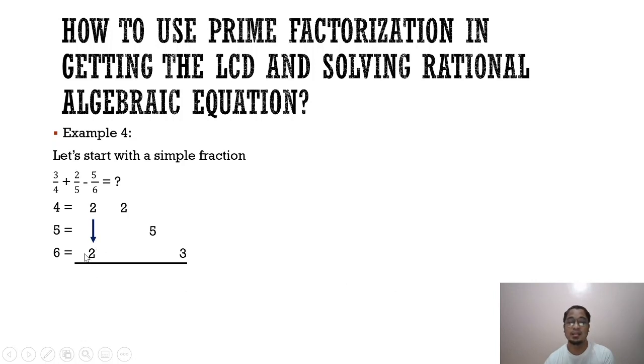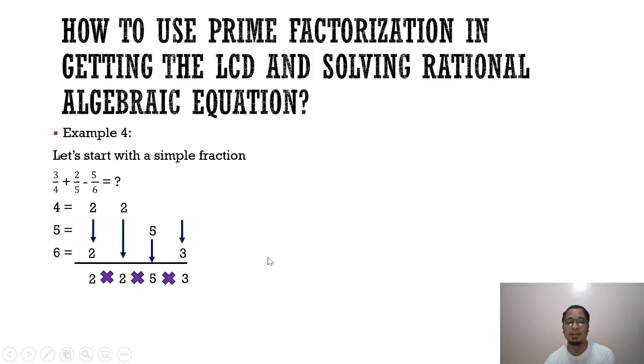Sir, 2 beses, hindi, isa lang. Yung walang katapat, bring down natin lahat. We have here now 2. We have here now 5. And last, we have here now 3. The next question, ano po ang gagawin natin dyan? That's a good question. Ang gagawin natin dyan sa naibaba ninyo, i-multiply nyo.